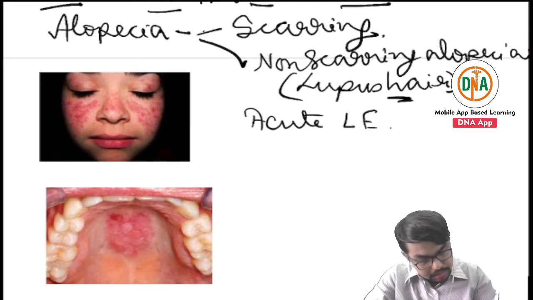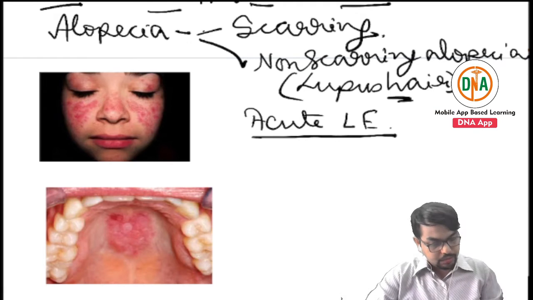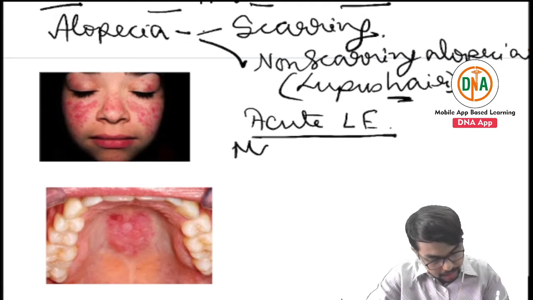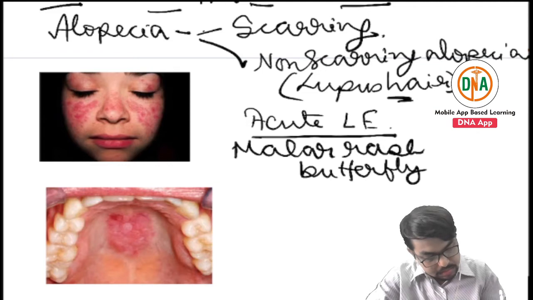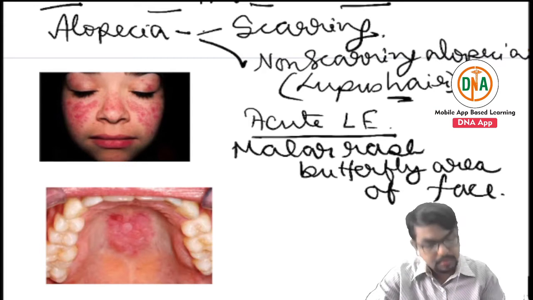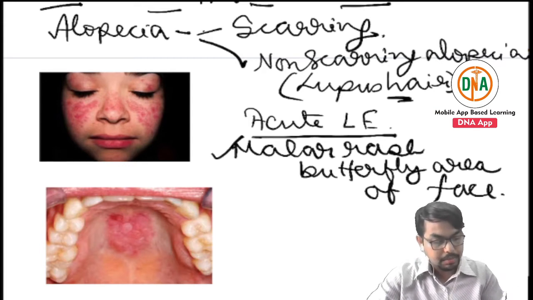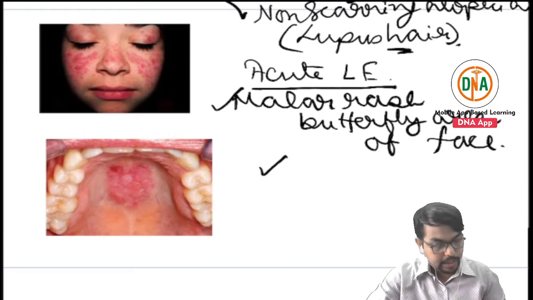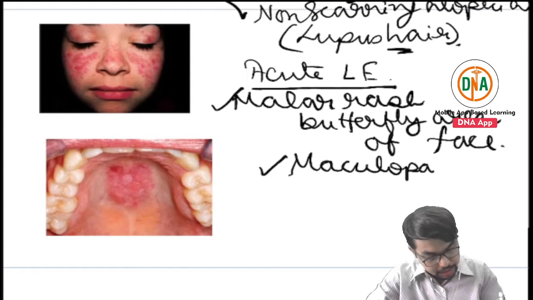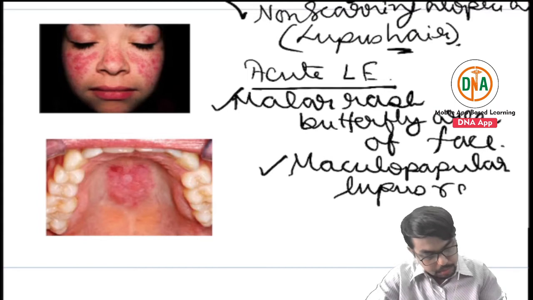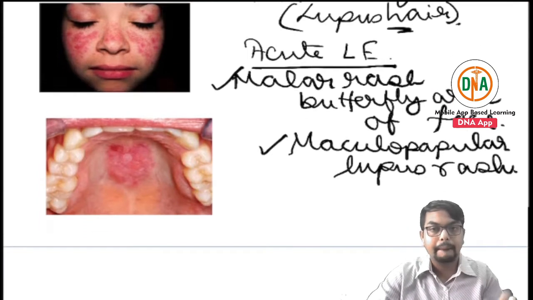Next we will discuss acute lupus erythematosus. Acute LE is characterized by malar rash over the butterfly area of the face. Number 1, malar rash. Number 2, maculopapular morbilliform lupus rash.